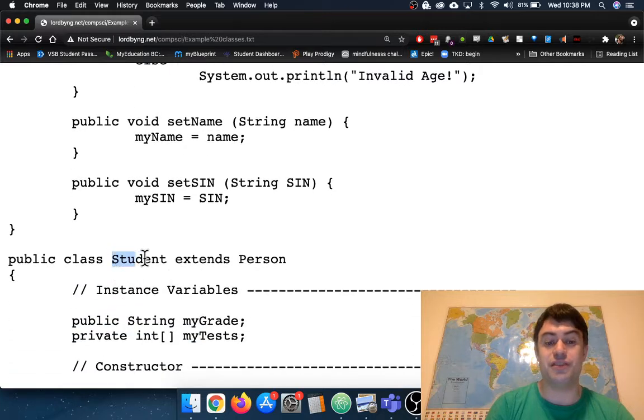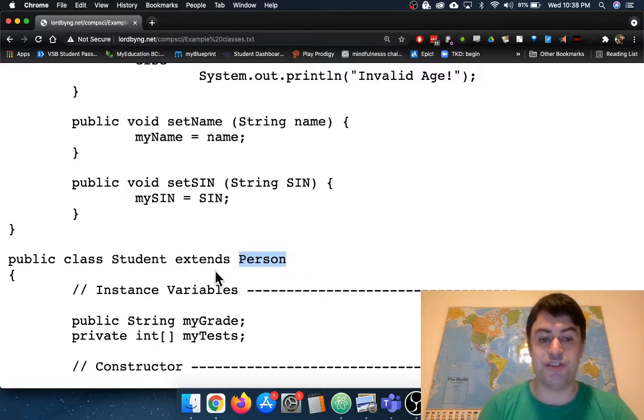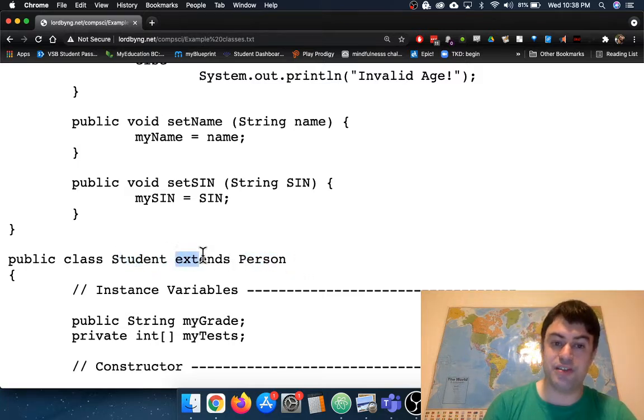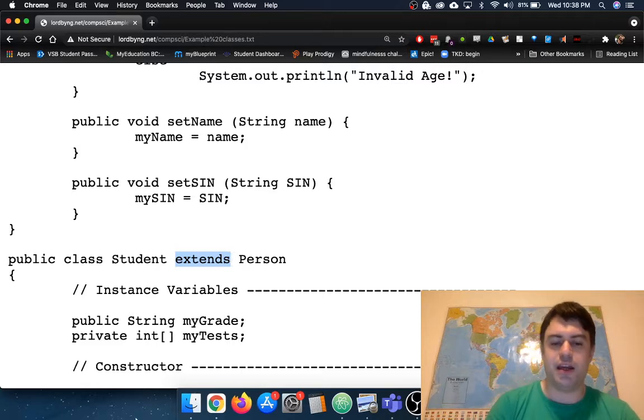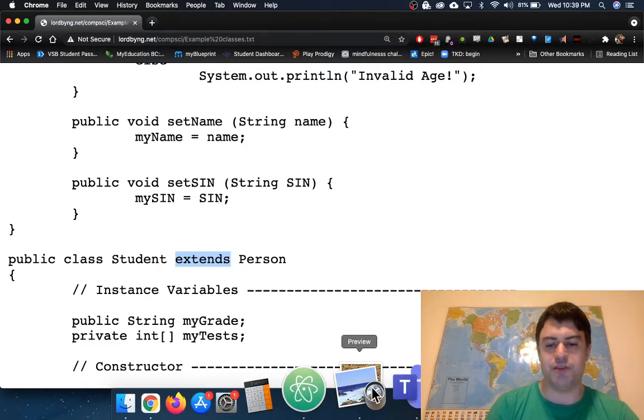But check out Student extends Person. We can see that Student is a subclass of Person, and Person is Student's superclass. We can see that with the extends keyword. So hopefully it's clear which is the superclass and which is the subclass. I think I summarized this pretty well in terms of notes.